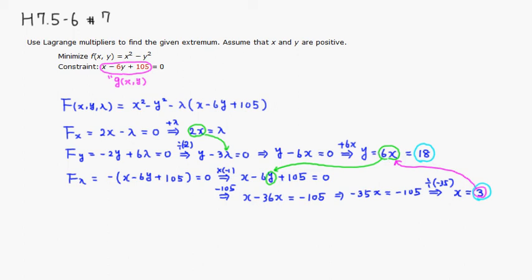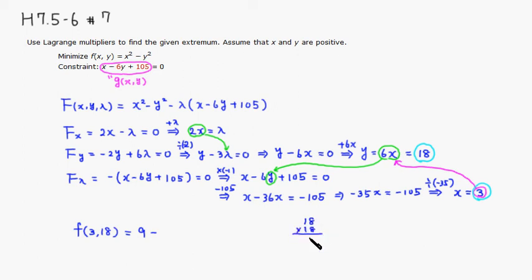Right? So let's compute f of x is 3, y is 18. Right, so this is going to be equal to x squared would be 9. 3 squared, 9, minus 18 squared. So what's 18 times 18?